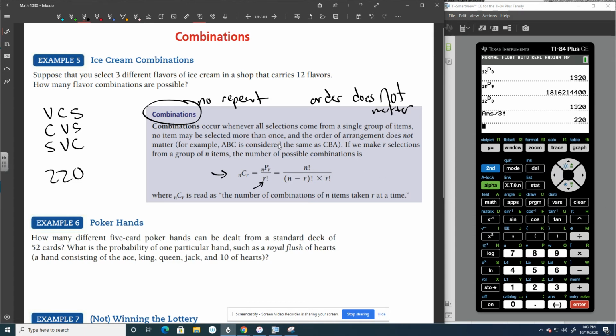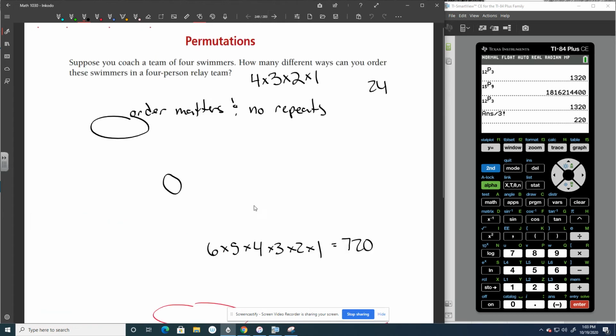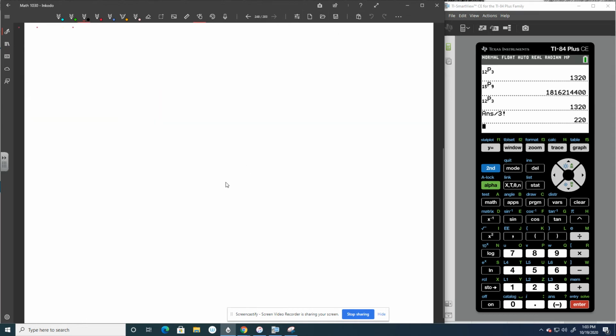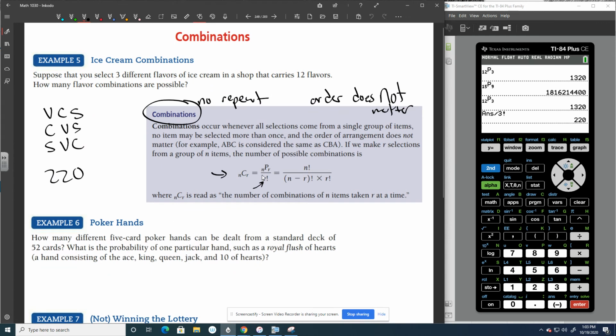Now, rather than just like this nPr, if you don't have a calculator, you can do n factorial divided by n minus r factorial. Just like that problem, you can just plug the numbers in.